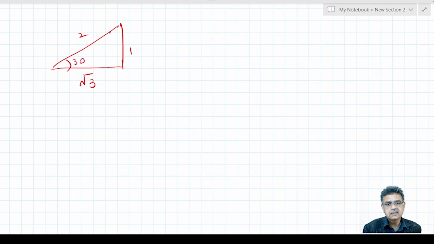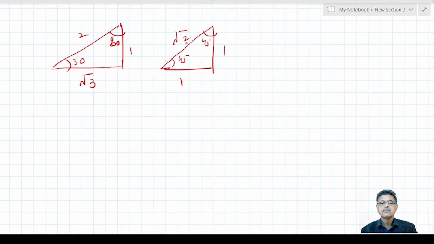This angle is 30 degrees and this is 60. And another triangle, if this angle is 45, this is also 45. These ratios are 1, 1, and this is under root 2. I have discussed special angles in another video. You can refer to that if you don't understand this now.